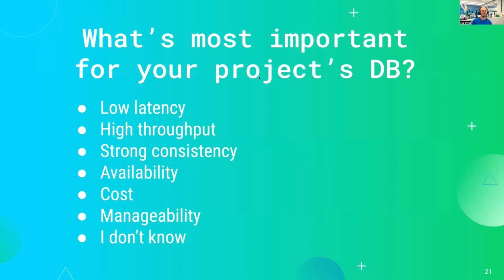So what's the most important thing for your project's database? Is it low latency, high throughput, strong consistency, high availability, the cost, or manageability, or you don't know? So let's take a few seconds so people have a chance to answer in the chat window.